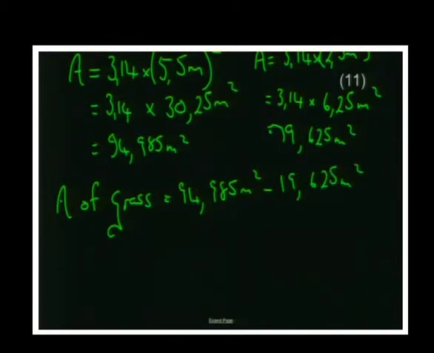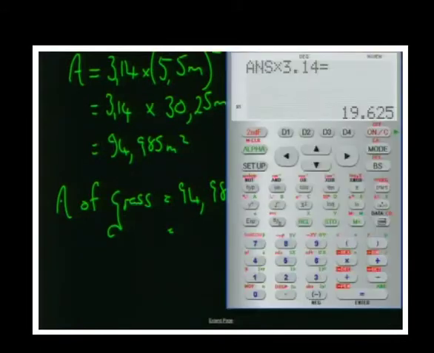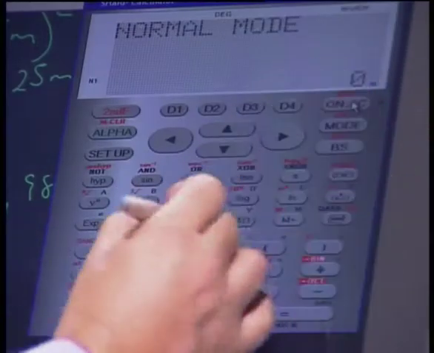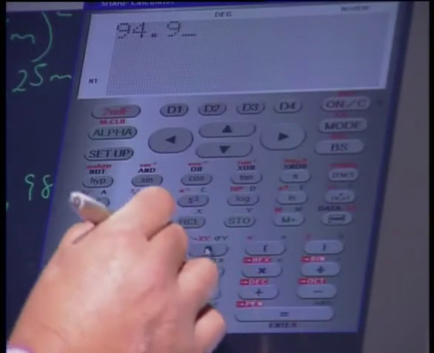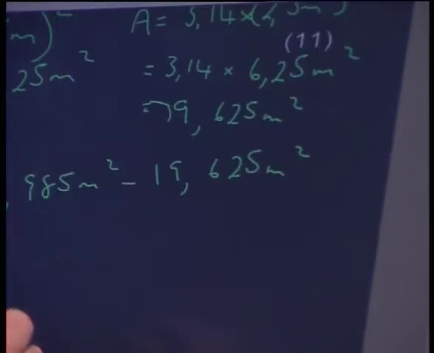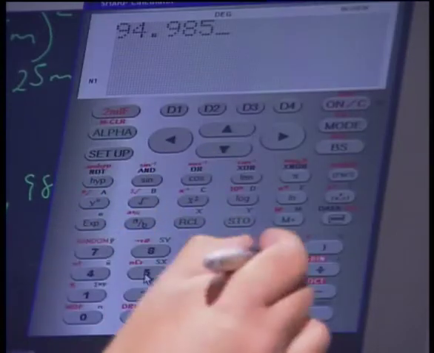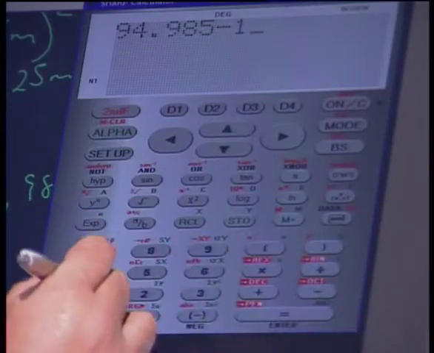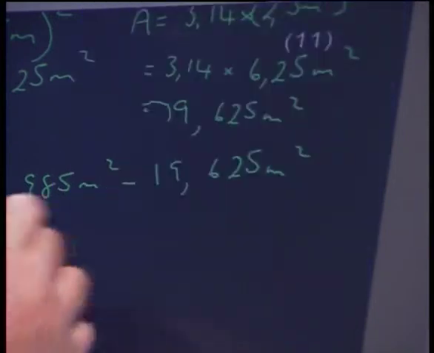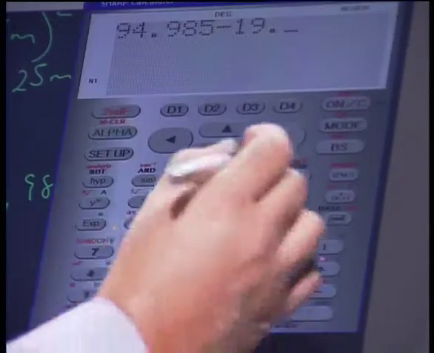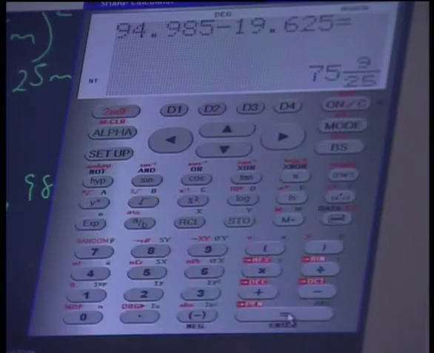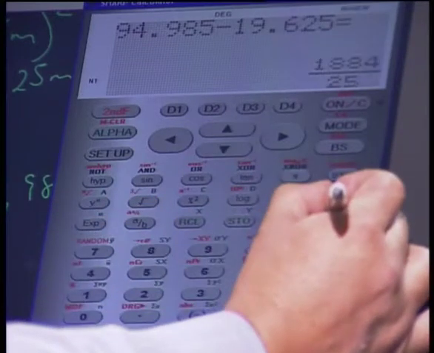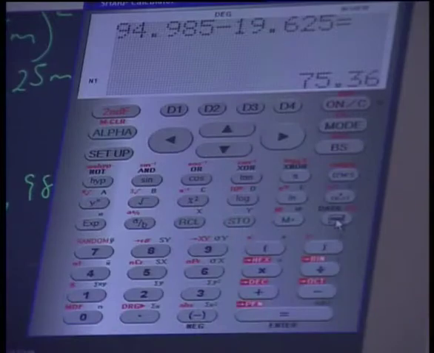19.625 meters squared equals, on our calculator, let's clear that, 94.985 minus the 19.625 equals, and my answer then is going to be 75.36.